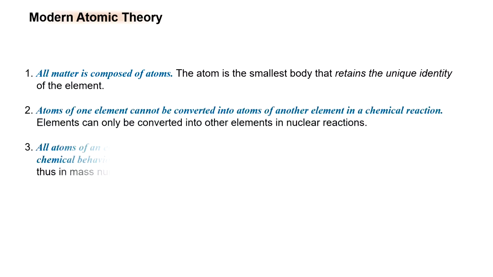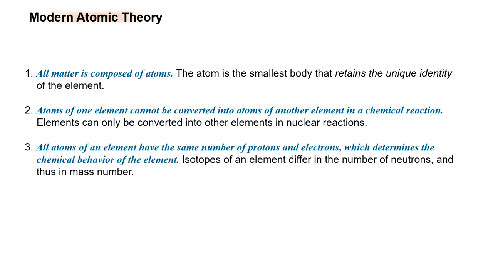Next up, atoms of an element have the same number of protons and electrons. And it turns out that is what determines the properties and chemical behavior of an element. It's the number of protons that are present. Dalton had the idea that it was based on mass, but we updated that, and we recognize it's based on protons and electrons.